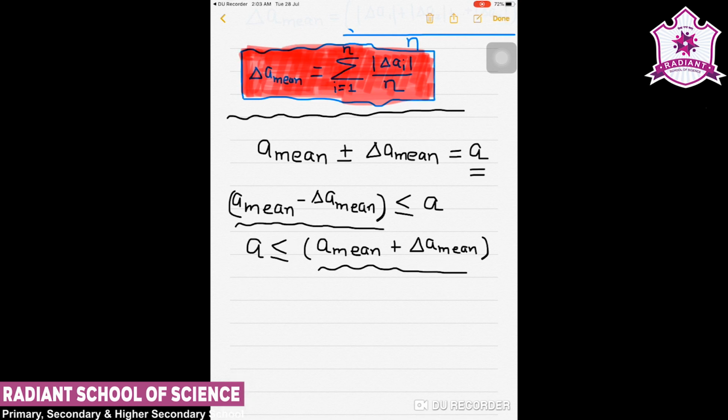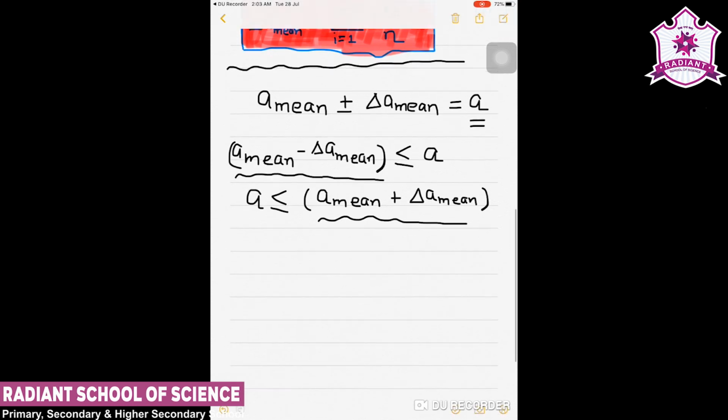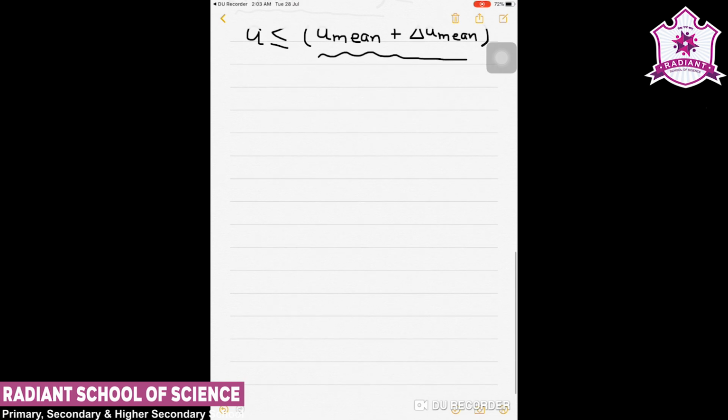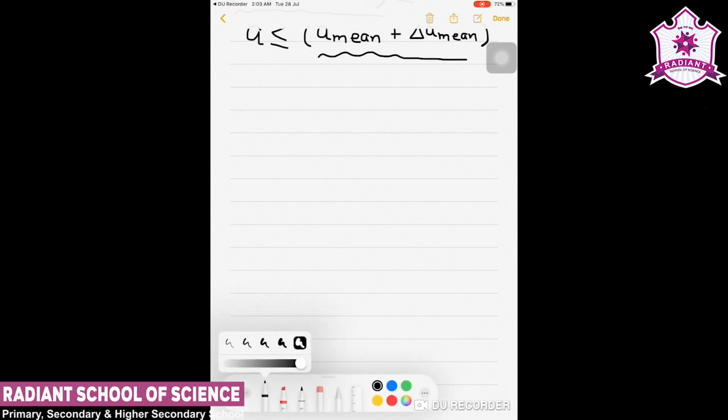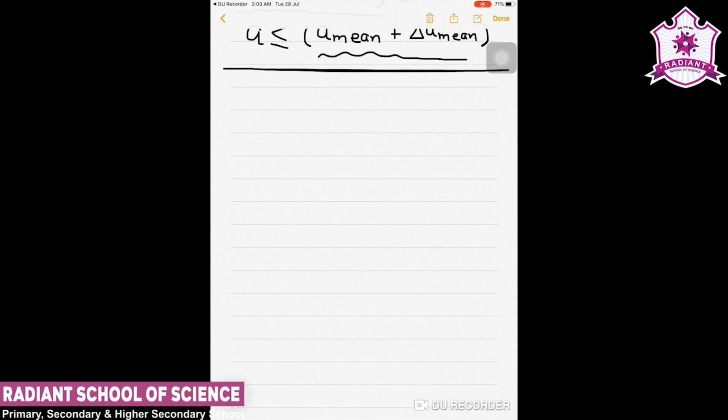Now the next part is percentage error. Sorry, relative error. So now we will take another term, that is relative error. This is not a new or any difficult term. It is a very simple term. So what is this relative error?